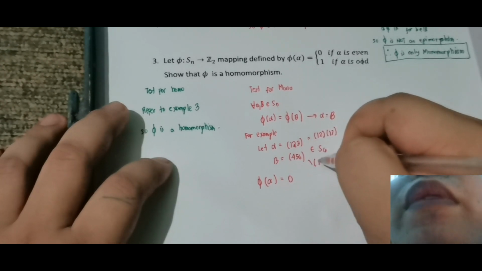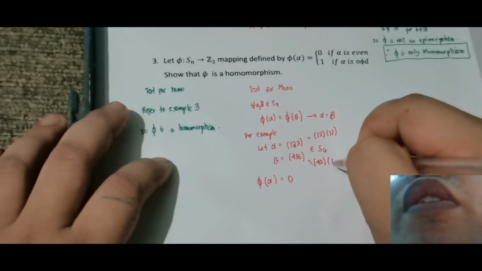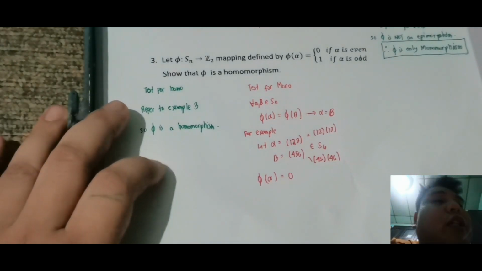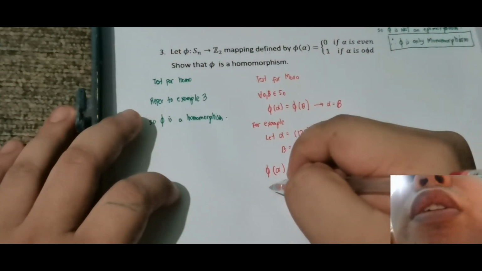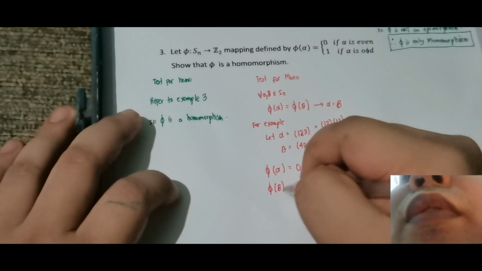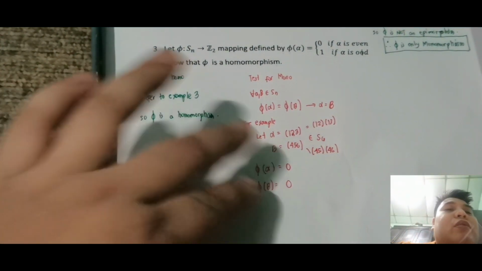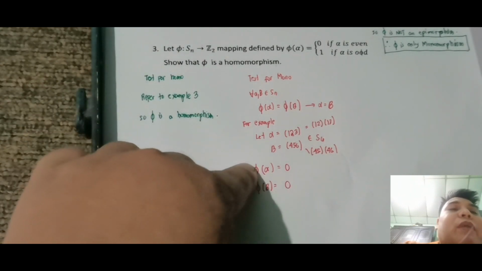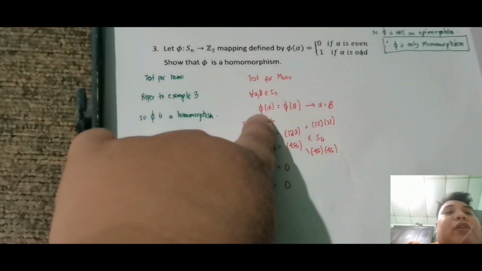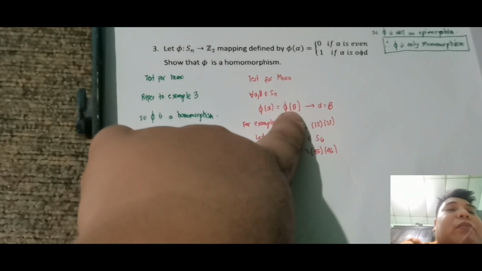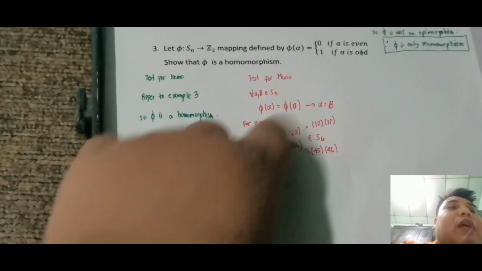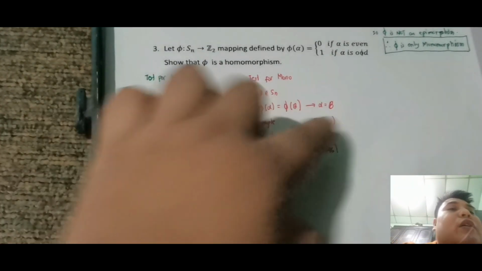Ito naman, (4 5)(4 6). So, alam natin na siya ay 0. And yung ating P of beta is just equal sa 0 din, kasi nga siya ay even. So, napansin mo na equal yung P of alpha sa P of beta. Parehas silang even. Pero, yung alpha is not equal to beta.